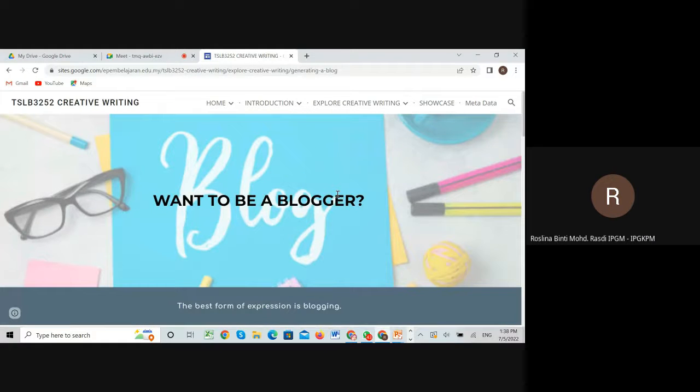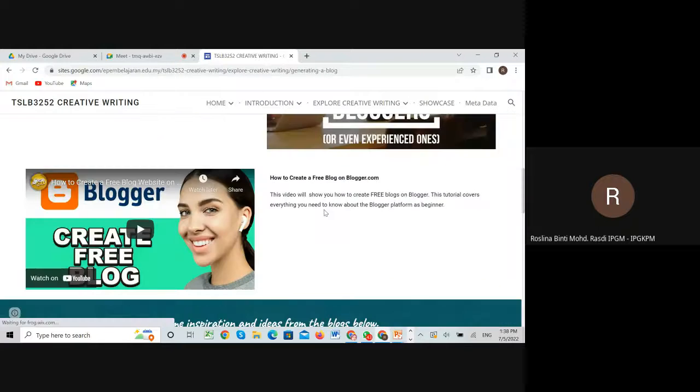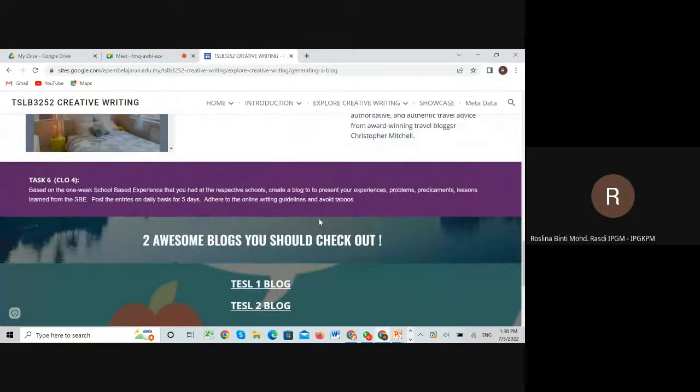Finally, Task 4 aims to achieve CLO4. The students had to generate a blog based on their 1 week school-based experience. They had to post entries based on their experience, problems, predicaments, and lessons learned throughout the SPE.